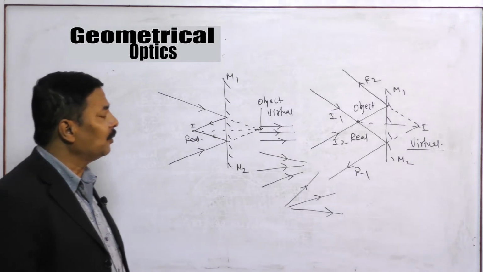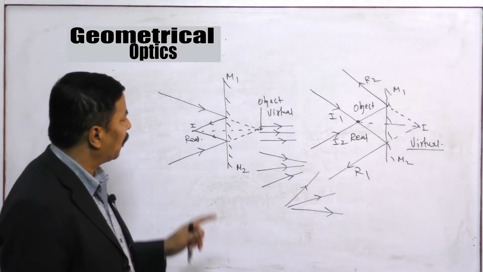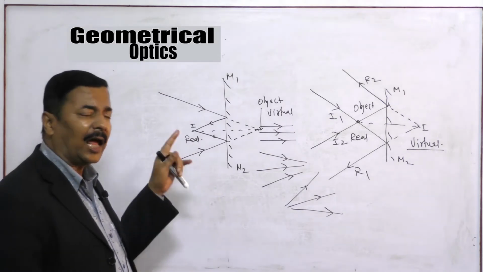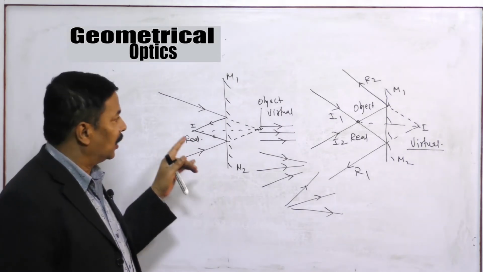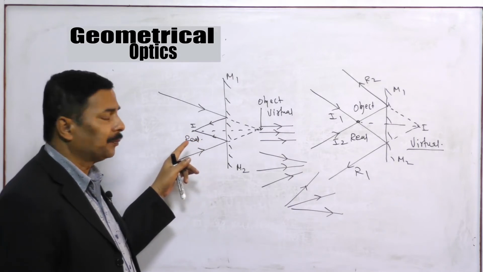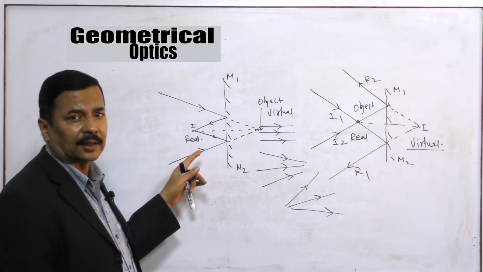So this thing we should understand in a proper way. So a plane mirror forms both real and virtual images. A real image is the point of intersection of reflected rays, the actual point of intersection.